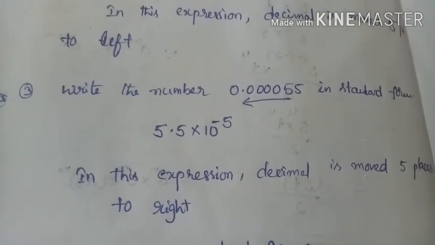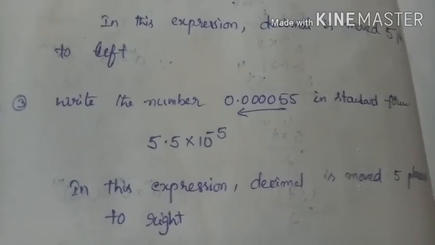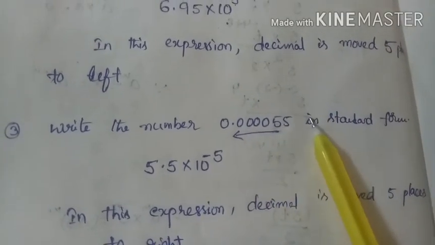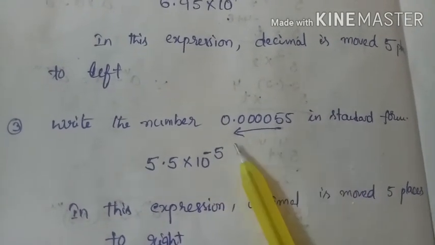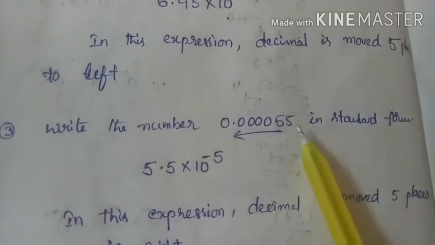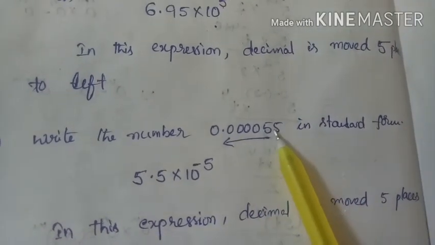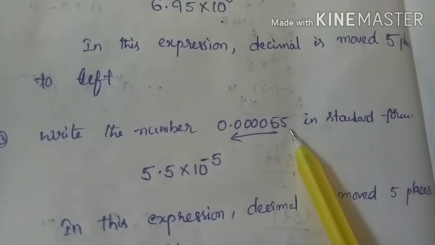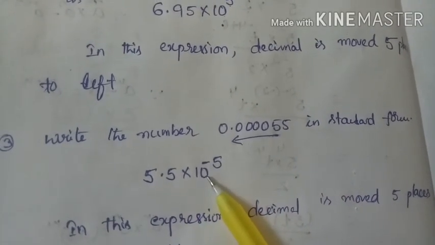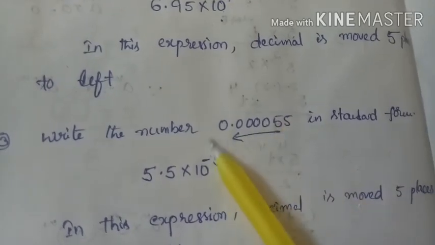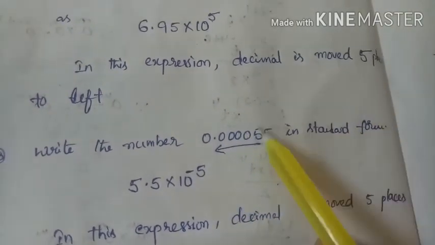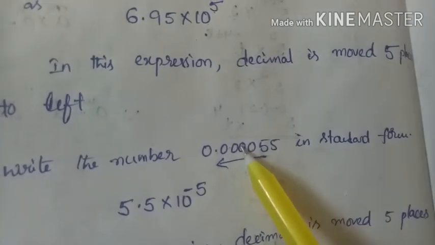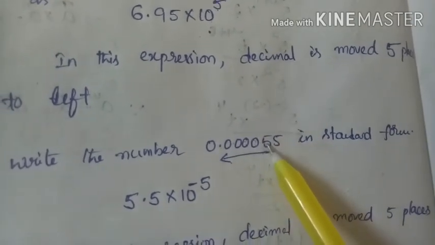One more example. Write the number 0.000055 in standard form. So what is the standard form? This one is simply 5. 5, after keep the decimal, 5.5, rest of the values into 10 power of negative. This is a smaller number. So how many jumps will we take here? 1, 2, 3, 4 and 5.